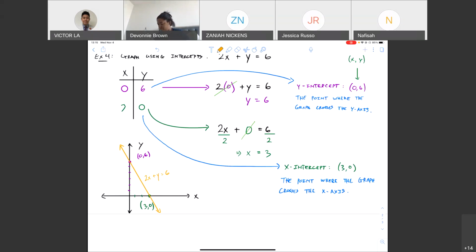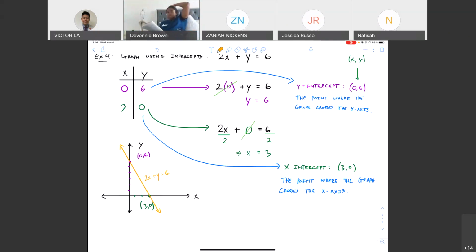Well, here you can see that when you choose the intercepts, they already predetermine the points you use. You plug in a 0 for x, and that gives you the y-intercept, and you plug in a 0 for y, and that gives you the x-intercept.